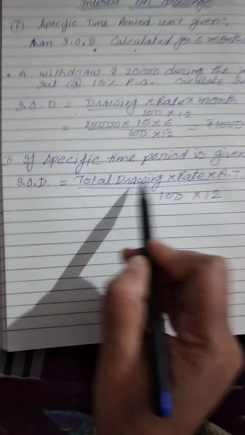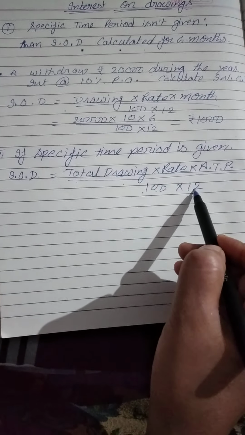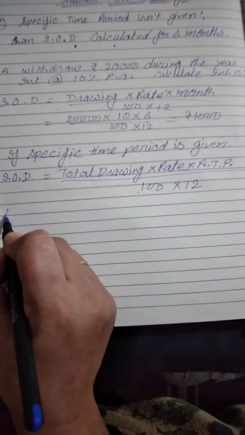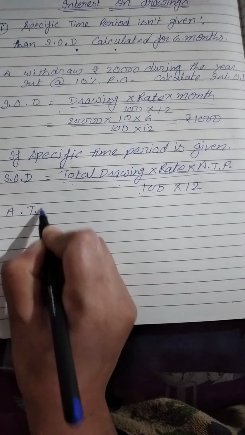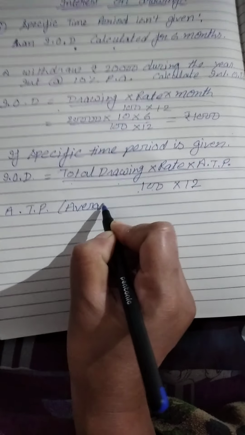The formula is total drawing into rate into ATP upon 100 into 12. ATP means average time period.